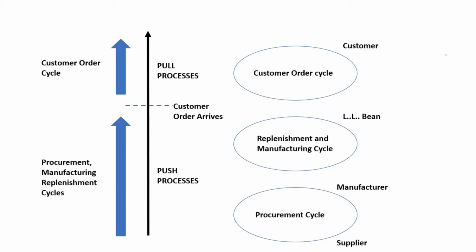As you can see, the customer order arrives, the manufacturing cycle, you can see the push process, and you can see the pull process where the customer order cycle happens. The customer is taking the product, that's the black arrow moving straight. You can see the procurement cycle, that's the supplier, the manufacturing cycle, and LLB is the middleman, and the customer is happy taking the order. So this is just a representation of that example for your clear understanding.